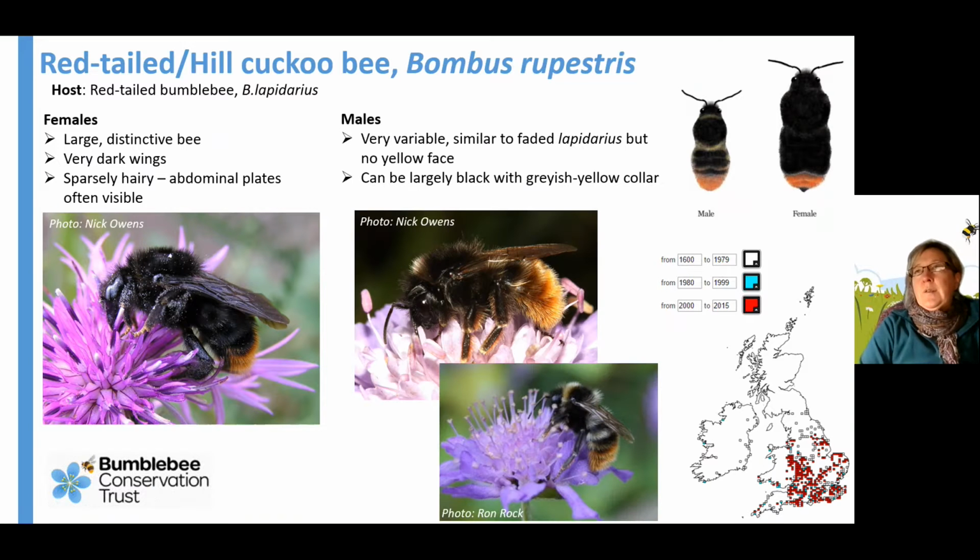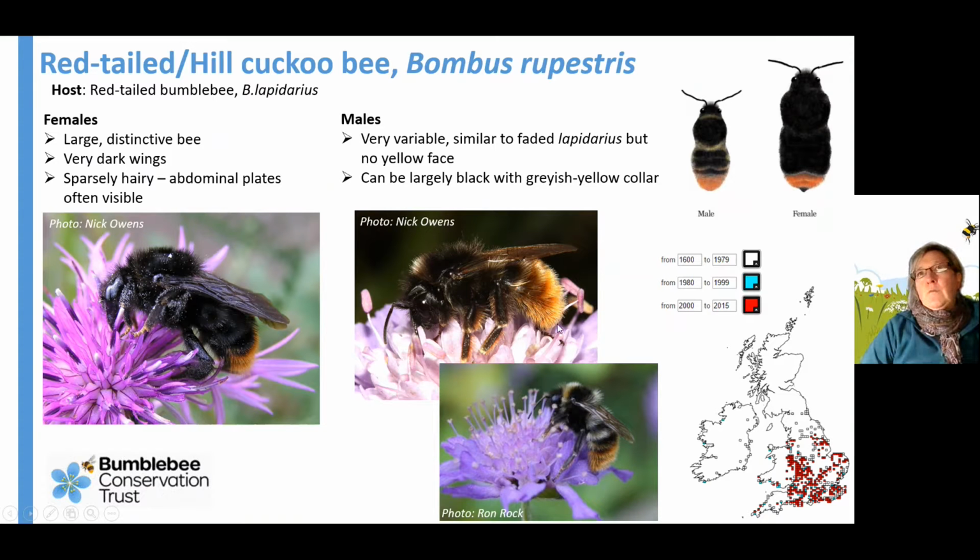The males are highly variable and much trickier. So they can be similar to red-tailed social bumblebee males, lapidarius males, but crucially, they don't have a yellow face. So very often they look like these two images.